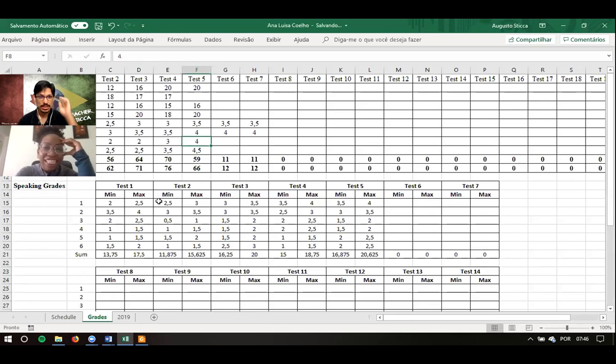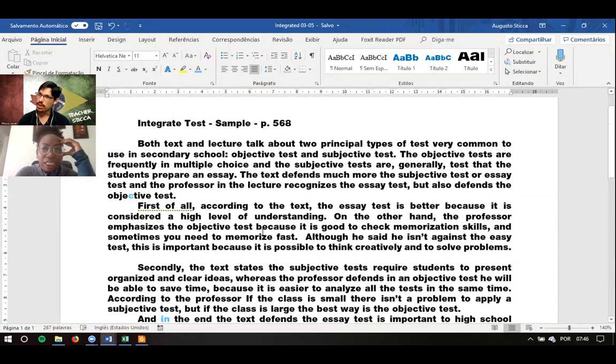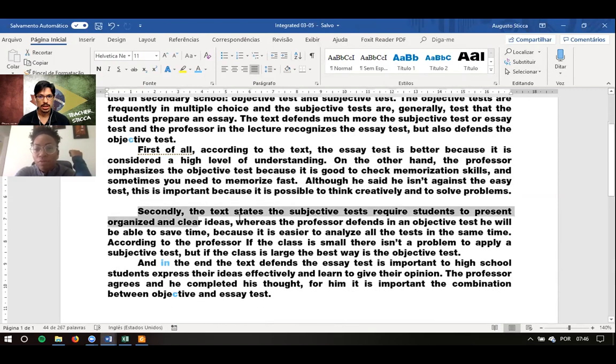Always being pessimistic, because maybe the evaluator, there is one thing that I would make a comment on: look at this. You wrote this about the text and this about the lecture. So do you see, you wrote much more about the lecture than about the text, you know? It's not good. And the TOEFL suggests you to balance.